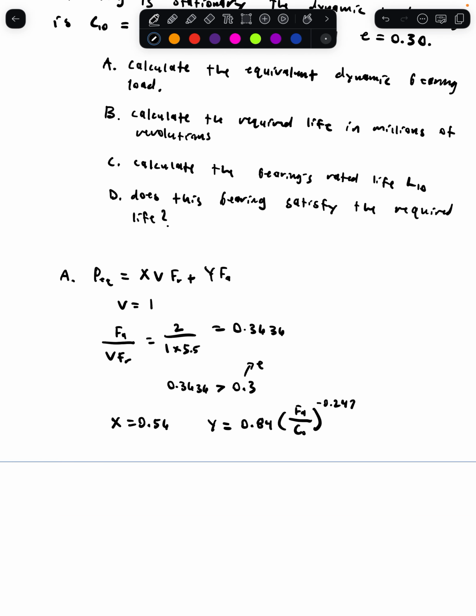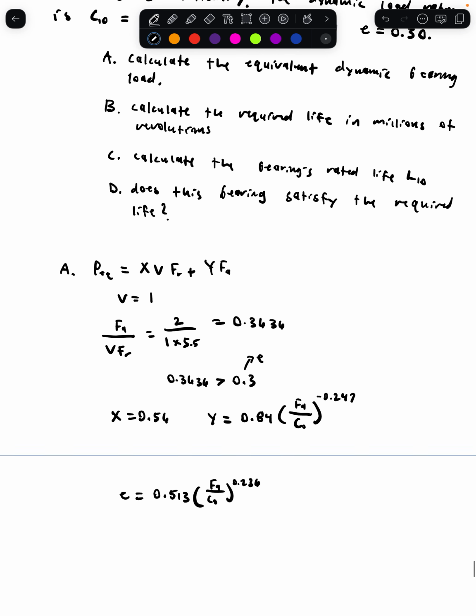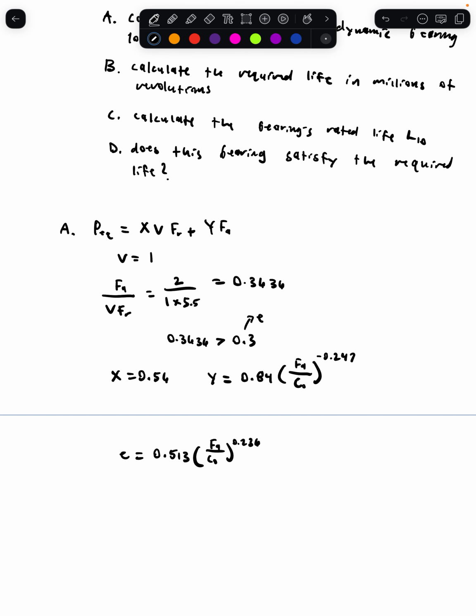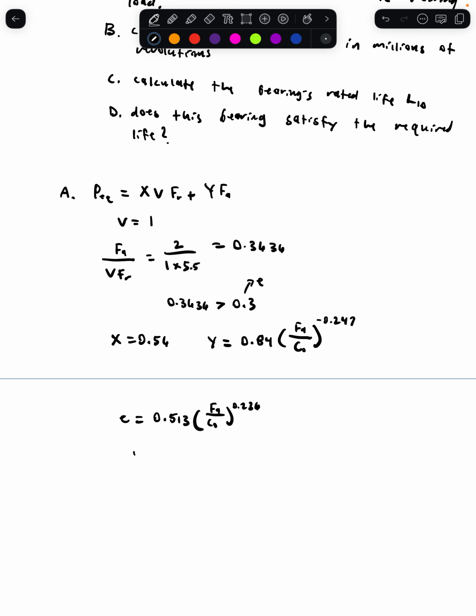Okay, so it didn't actually give us the C naught, so we're going to have to solve for that, and the only way to solve for that is using the equation for e. So we have e is 0.513 times F sub A over C naught to the 0.236 power. We can just solve for this ratio and then plug that in up there. So we have 0.3 divided by 0.513, to the 1 over 0.236 power, equals F A over C naught.